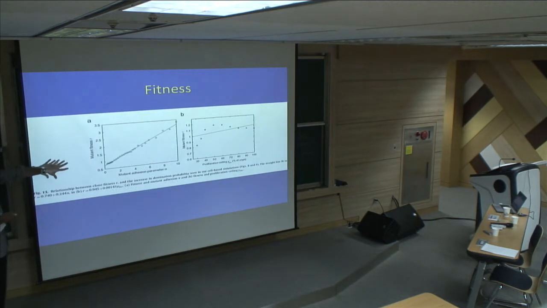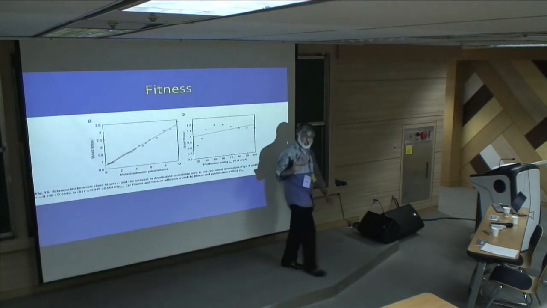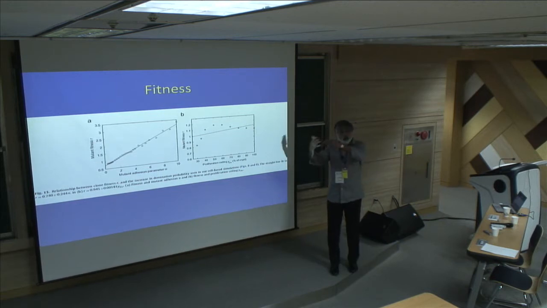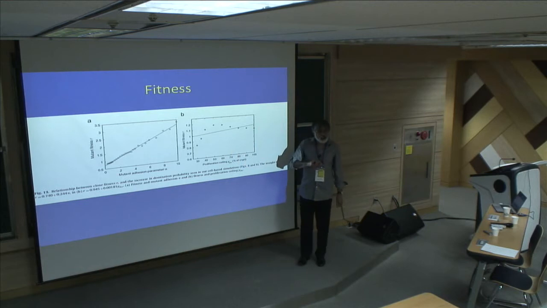I just want to show this last thing. Now, in biology, people always talk about something called fitness, which I find is a sort of mysterious thing, because you're fitter if you win, and if you win, you're fitter, a sort of tautology. So here we ask the question, what does fitness mean in terms of the biological parameters?